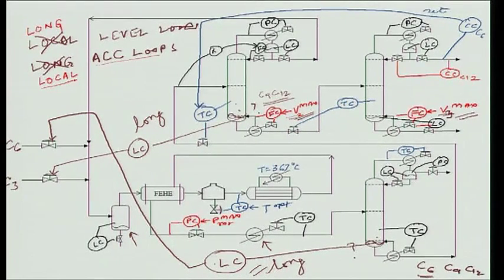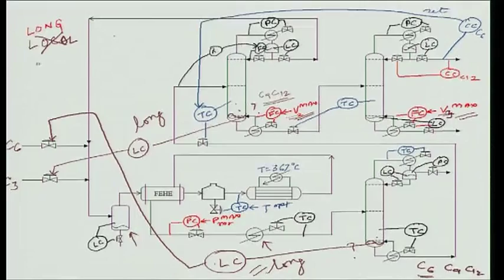Now let us see, just to complete this case study, what do I want to say? If you want to reduce the throughput, see, this control system will work at maximum throughput.